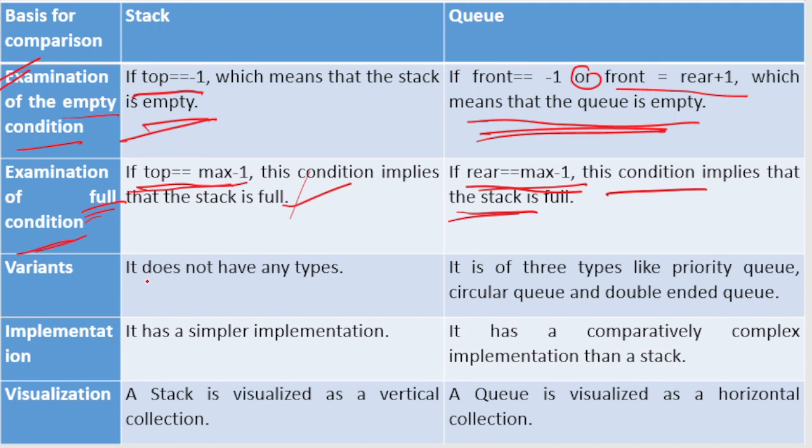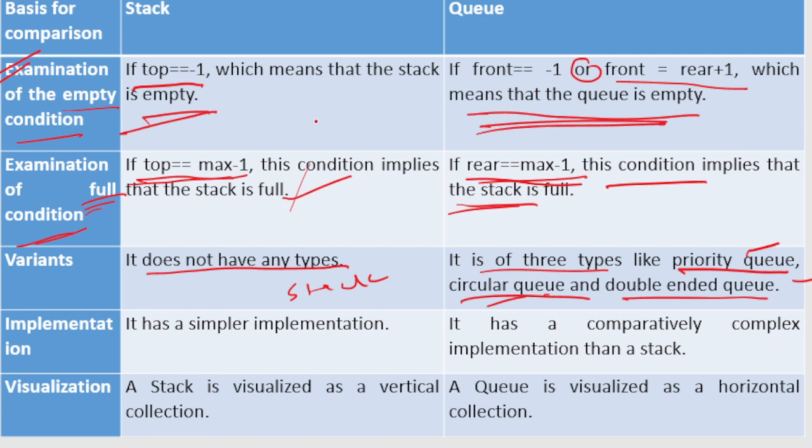Variants: the stack does not have any types and is only called stack, but the queue has three types: priority queue, circular queue and double-ended queue. We have already seen questions on priority queue, circular queue and double-ended queue in our objective series.